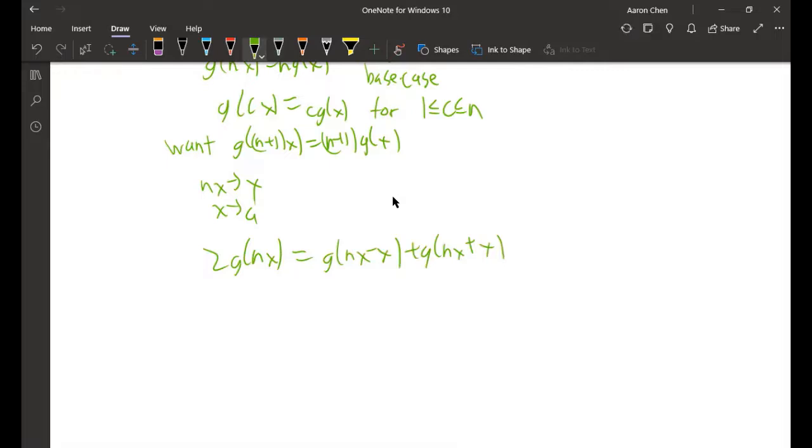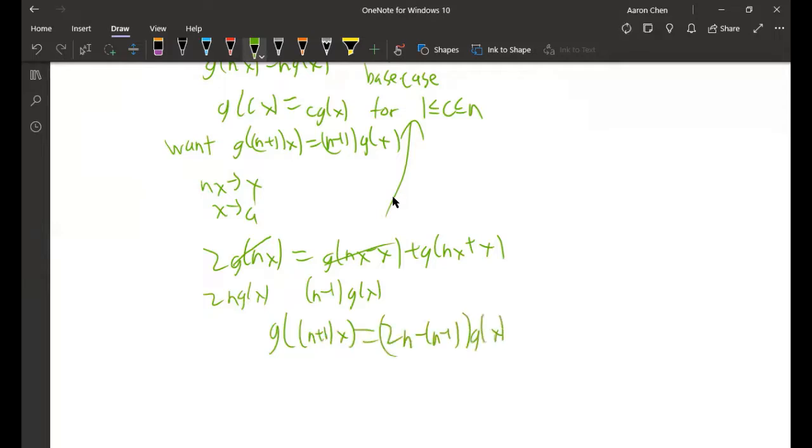And so by the inductive hypothesis, this is 2n g of x, and this is n minus 1 g of x. And so that means that g of n plus 1 x is equal to 2n minus n minus 1 g of x, or n plus 1 g of x. And so what that means is that g of nx equals n g of x for all integer n and rational x.